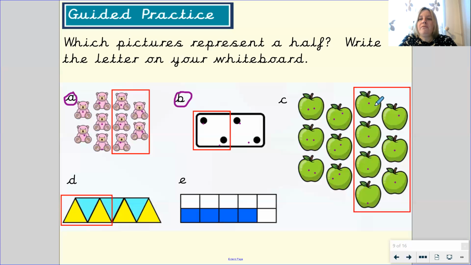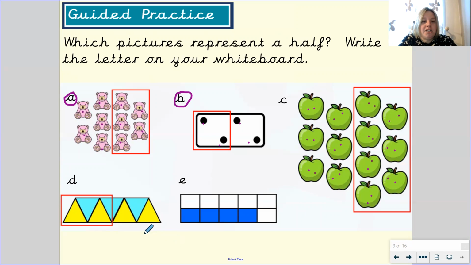Let's count our other group. 1, 2, 3, 4, 5, 6, 7. So one of our groups had 6 in. One of our groups had 7 in. Our groups are unequal, which means it doesn't show me a half.